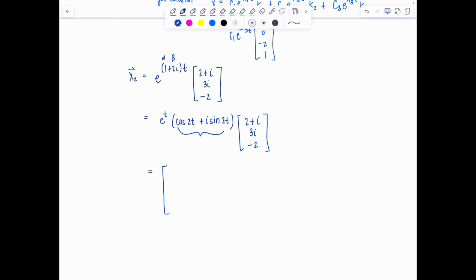So what is this going to be? 2 cosine 2t plus i cosine 2t plus 2i sine 2t plus i squared sine 2t, so minus sine 2t. And then 3i cosine 2t minus 3 sine 2t, negative 2 cosine 2t minus 2i sine 2t times e to the t.